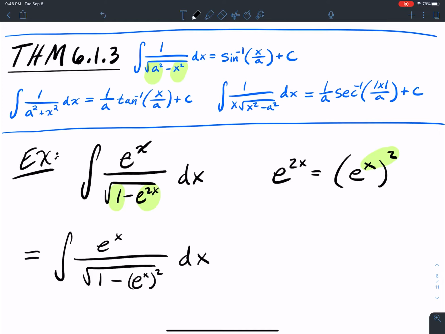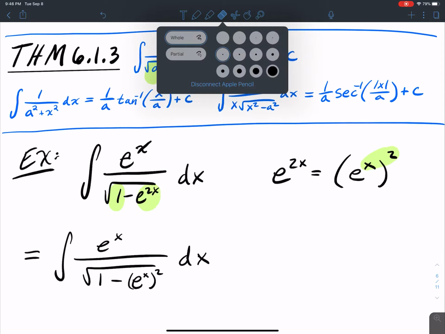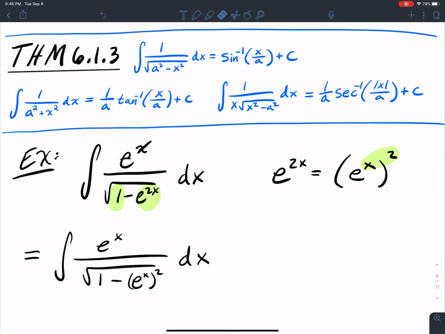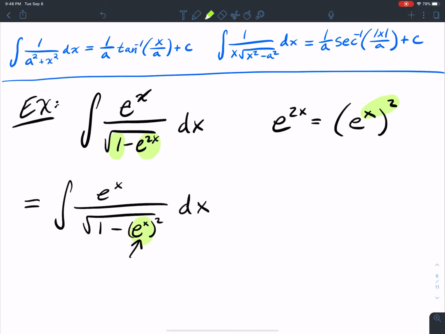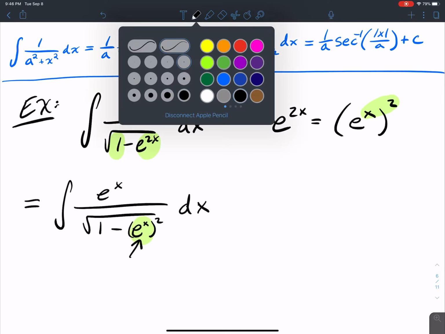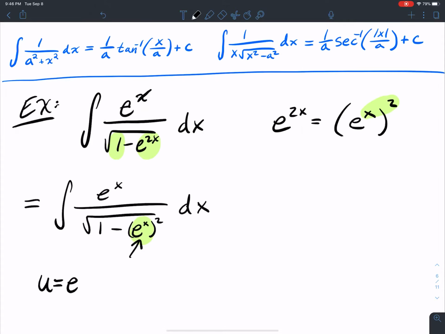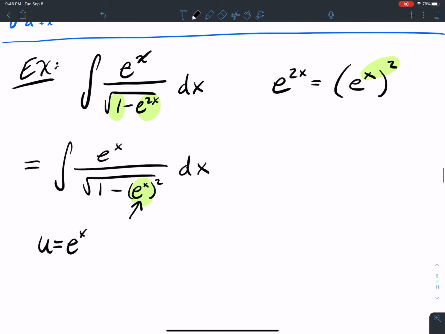Okay, so now I'm starting to think, I can't get it to be x by itself like I could up here. But what I can do is make a u substitution with that ugly thing in here. So if I make u equal e to the x, then what do I get?